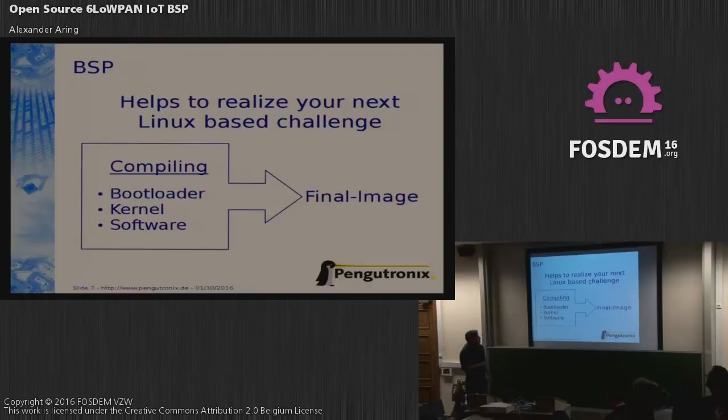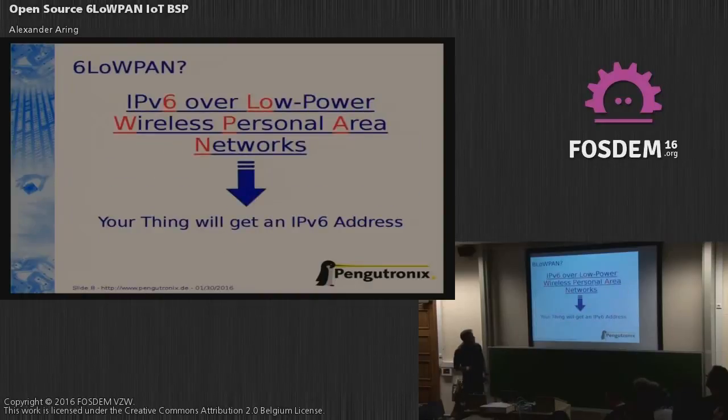So 6LoWPAN, if nobody has heard about it, is IPv6 over low power wireless personal area networks. A low power wireless personal area network is something like 802.15.4 or Bluetooth Low Energy.